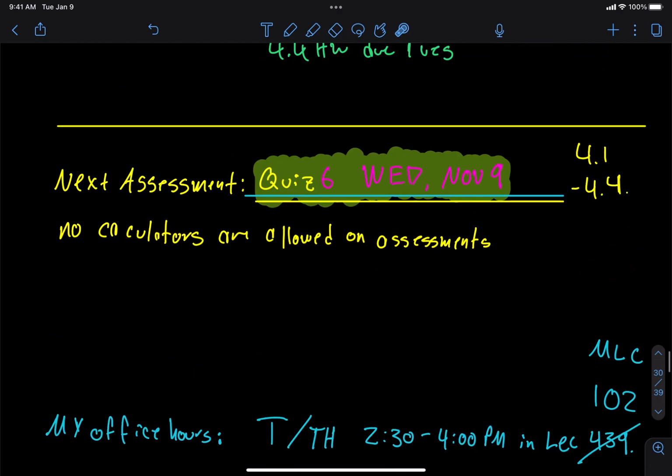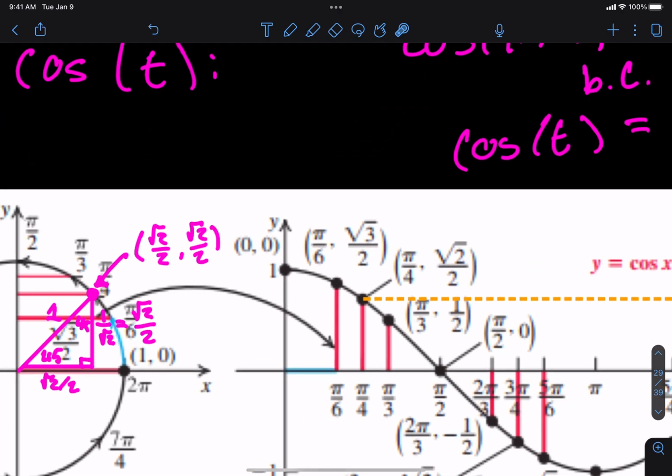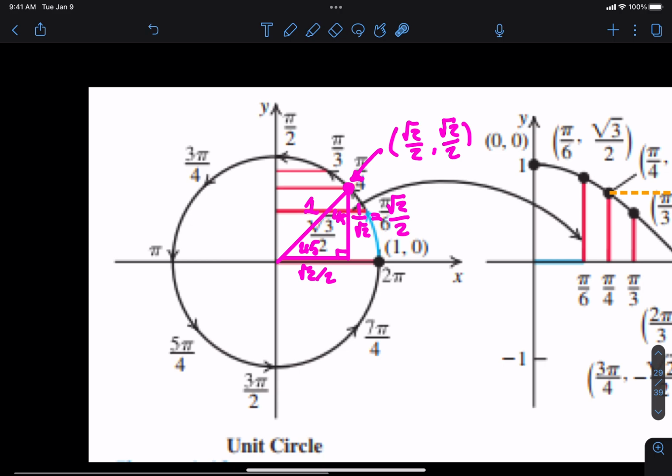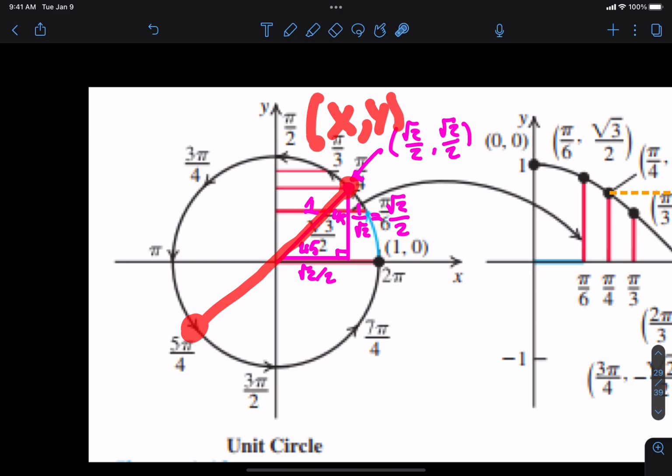That is because you are going to see the same ratio of y to x across the origin like this, right? Why? Because if this is the point (x, y), then this is going to be the point (negative x, negative y).